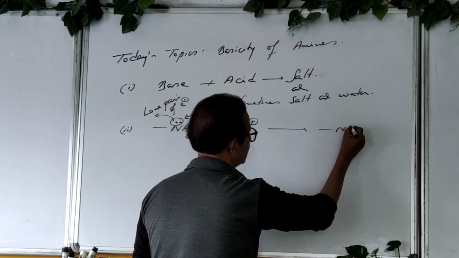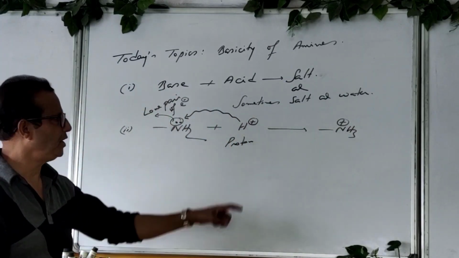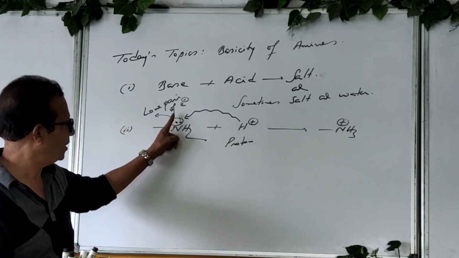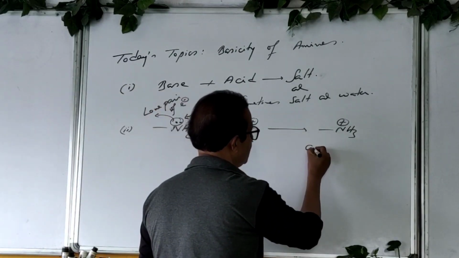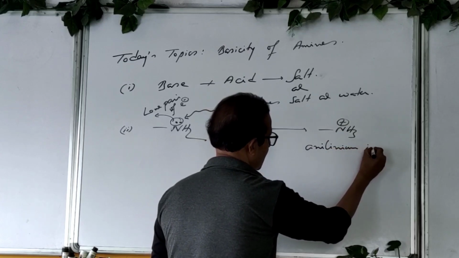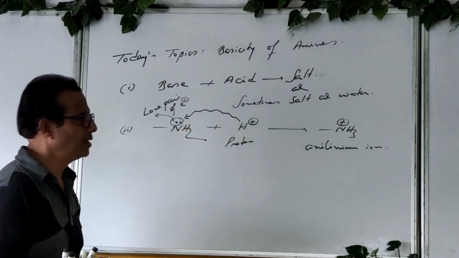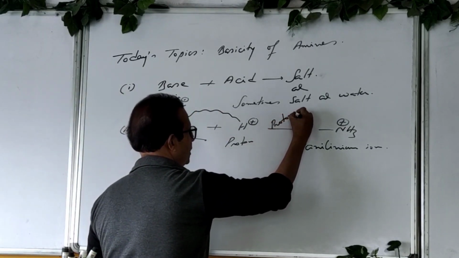So you get the salt. Remember, in organic chemistry, when any positive ion gets attached, the central part becomes positive. This is the anilinium ion. Addition of proton is called protonation.